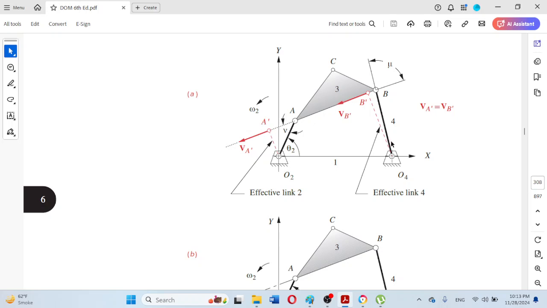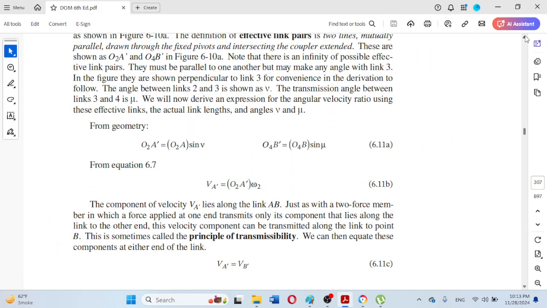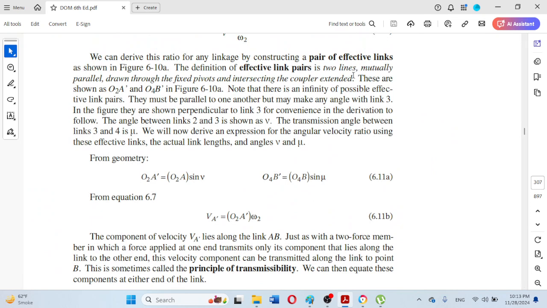So in this special case, the author has stated that these are shown as O2A dash and O4B dash in figure 6-10a.